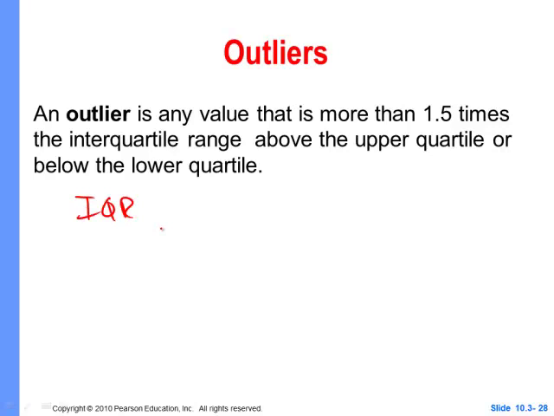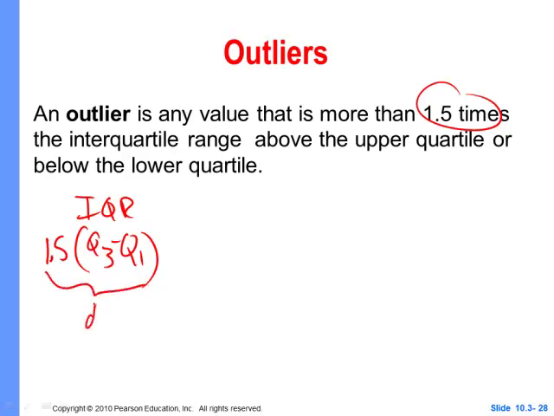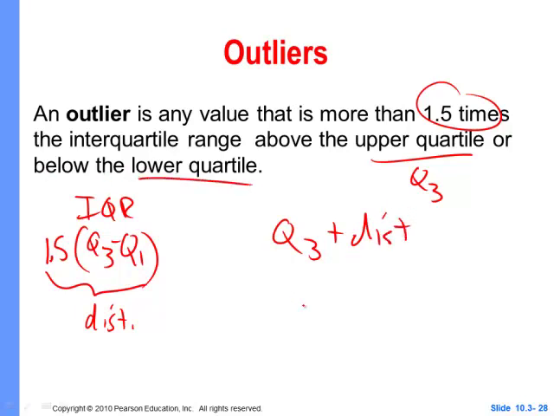That's Q3 take away Q1 from before. Find out what that is. That's some number. And then take 1.5 times that, whatever that number is. Take it and multiply it by 1.5. This gives you some distance. This number here will be some distance that you're going to add to Q3, Q3 plus that distance, and you're going to take it away from Q1, Q1 minus that distance. And these will be sort of your boundaries to your outliers.